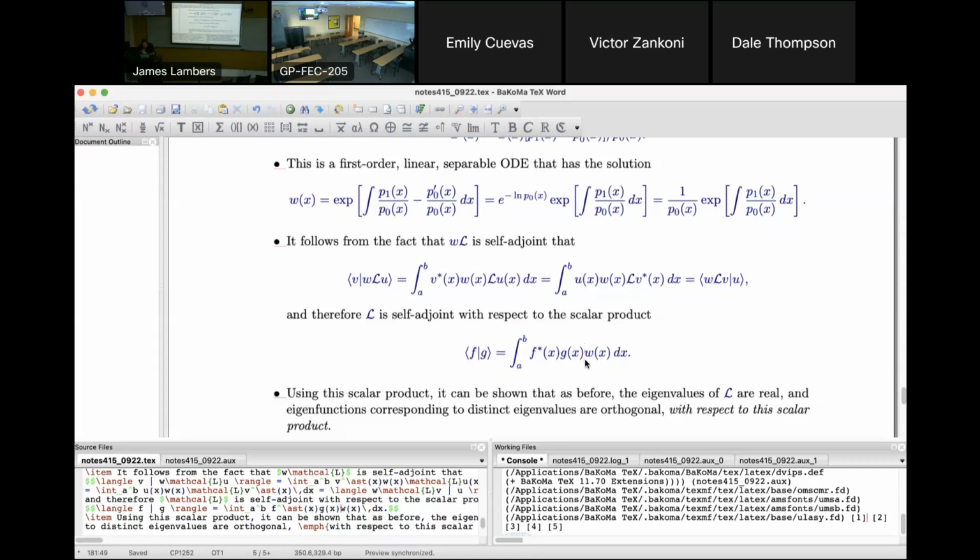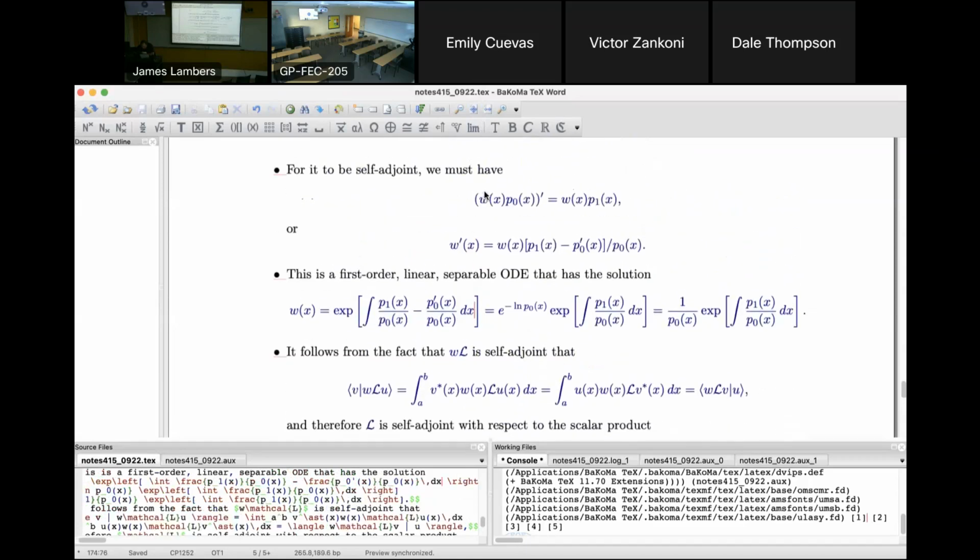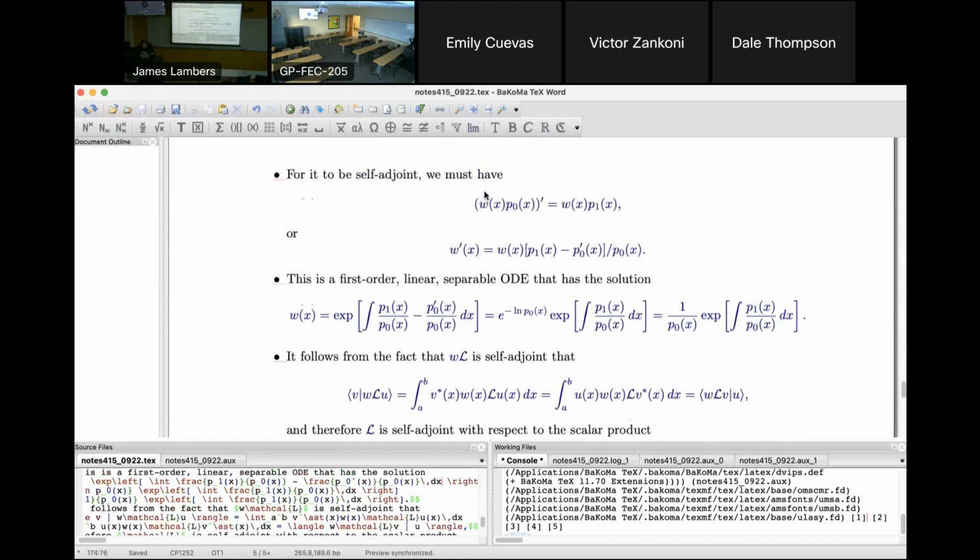Dr. Lambers, would you permit kind of a silly question to try to connect something back to the first ODE class? What we just did looks very similar to the process we went through in intro to ODE, where we took a first order linear differential equation and figured out how to find its integrating factor.